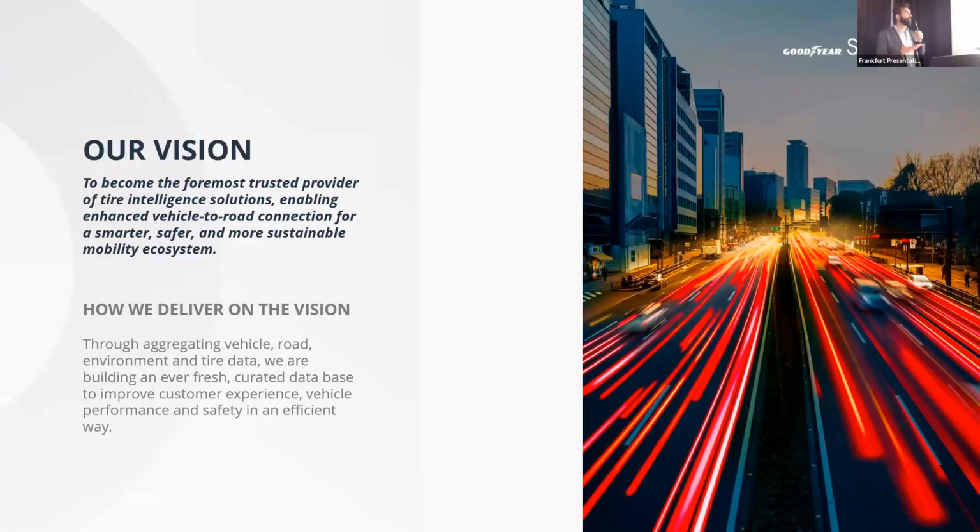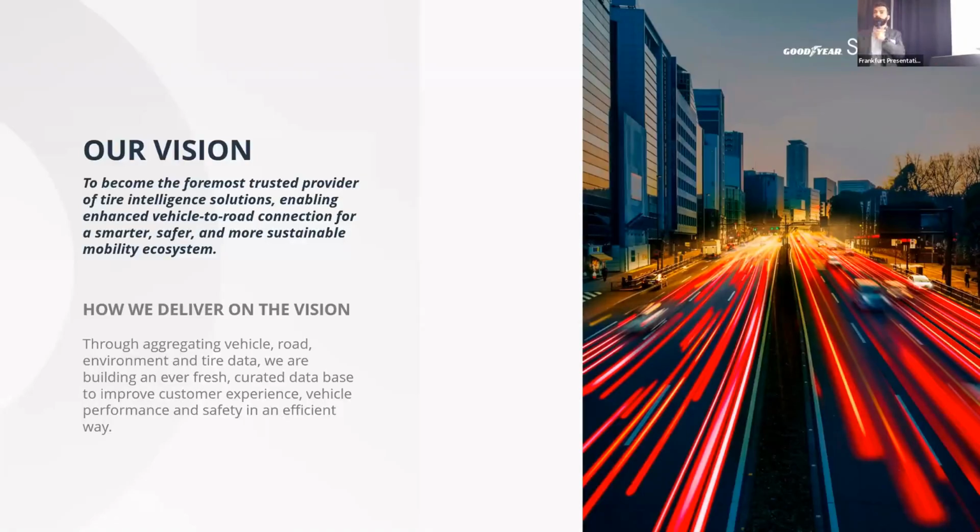Our vision is really to become the foremost trusted provider of tire intelligence solutions, and that will make that road connection smarter, safer, and more sustainable in the mobility ecosystem.